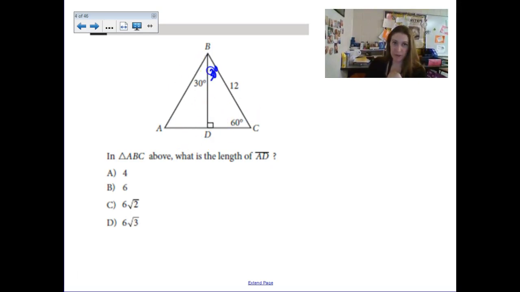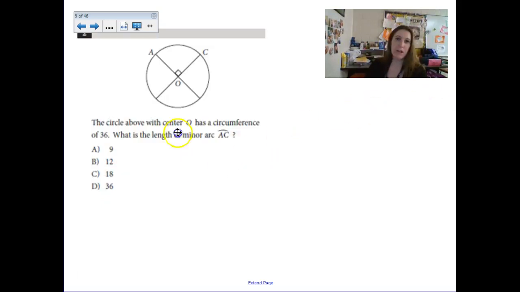So this is also a 30-degree angle, and it's equilateral, so that tells me a lot of stuff. They want to know the length of AD. Guys, I think I'm already done. I don't even think I need to do this work. If this is an equilateral triangle, these are all 12s. And if you cut through the angle, that means you cut through the base down here. So these both have to be 6s. I think we're done. AD is 6. I didn't even need my special right triangle formulas there.